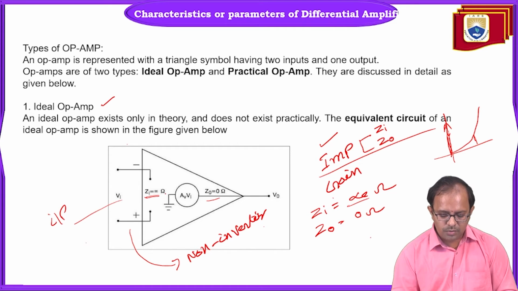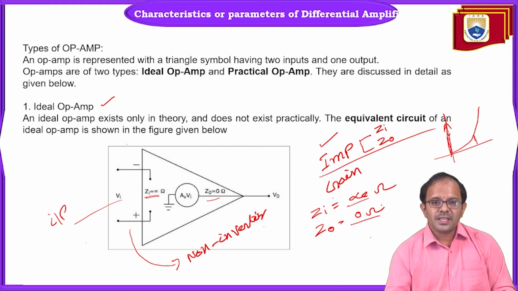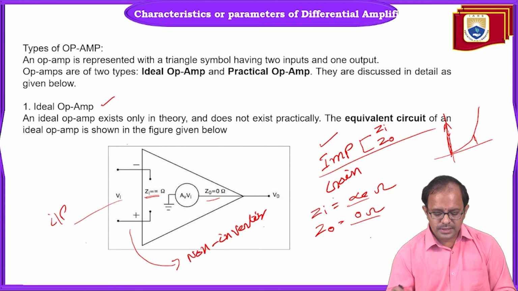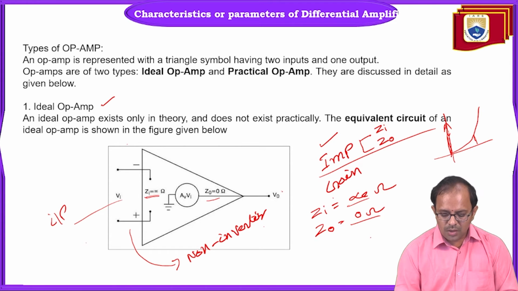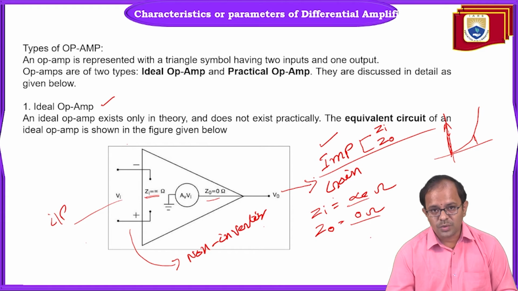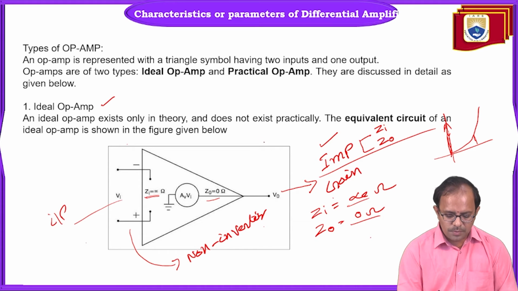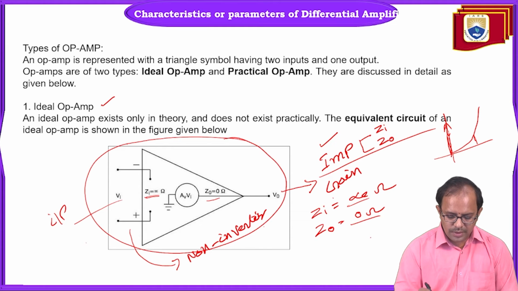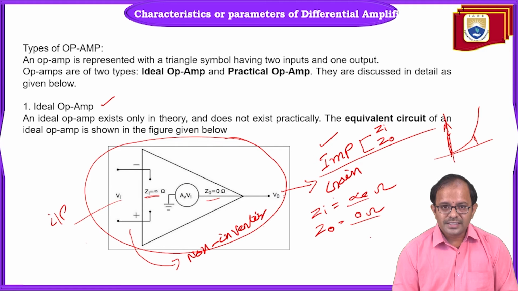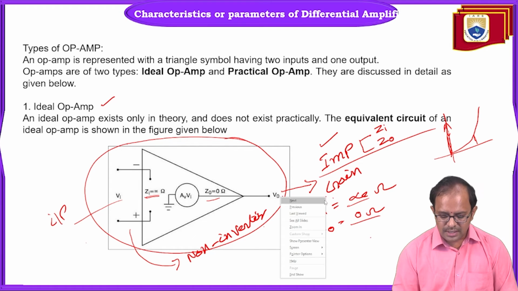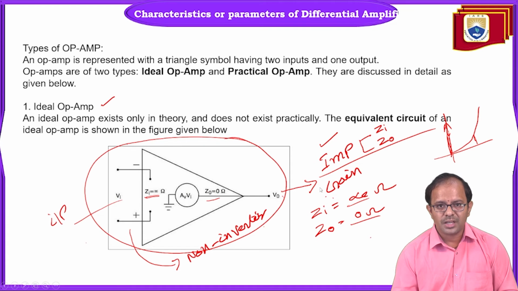And in the ideal scenario, it is supposed to be infinite. Another question: why do we need to maintain output impedance as 0? It is not 0; it is as low as possible, because the output of this circuit is connected to some external circuit. It may be a loudspeaker or any other circuit. Whatever we obtain here is supposed to drive some external circuit.